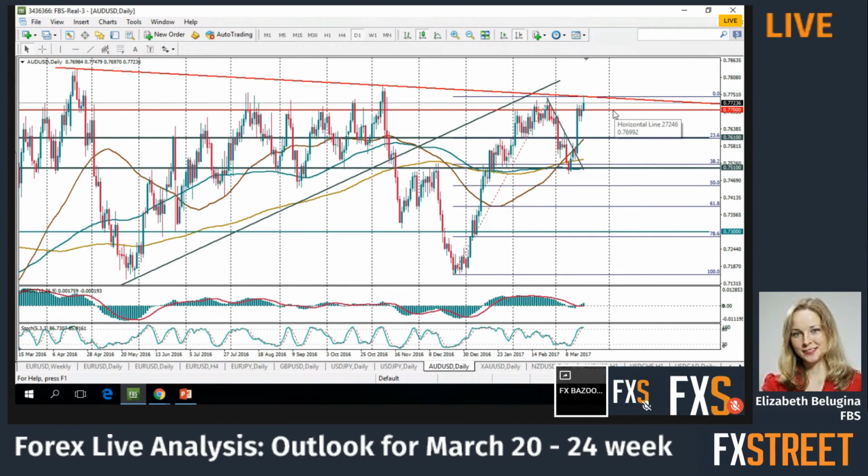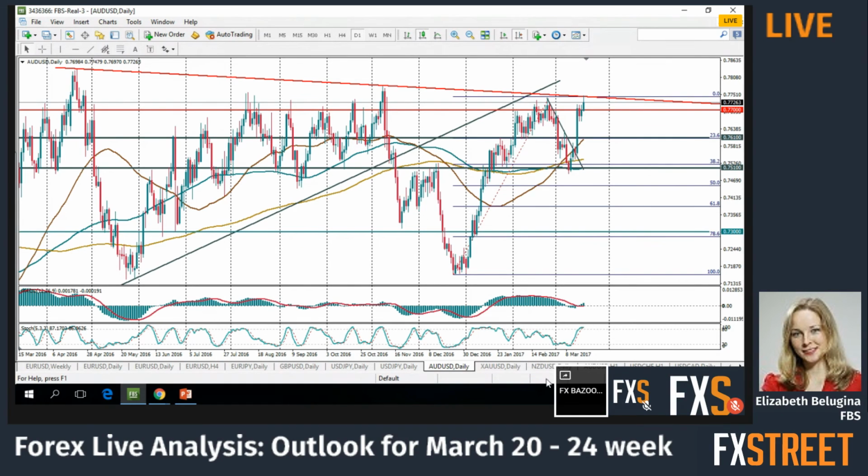Australia has shown some weak labor data, so this is why I don't recommend currently any long positions. Support is located at 0.7610, so this is the level we can expect some buying positions. And all in all, I think that in the coming days here, we'll see some consolidation in Australian dollar, US dollar.